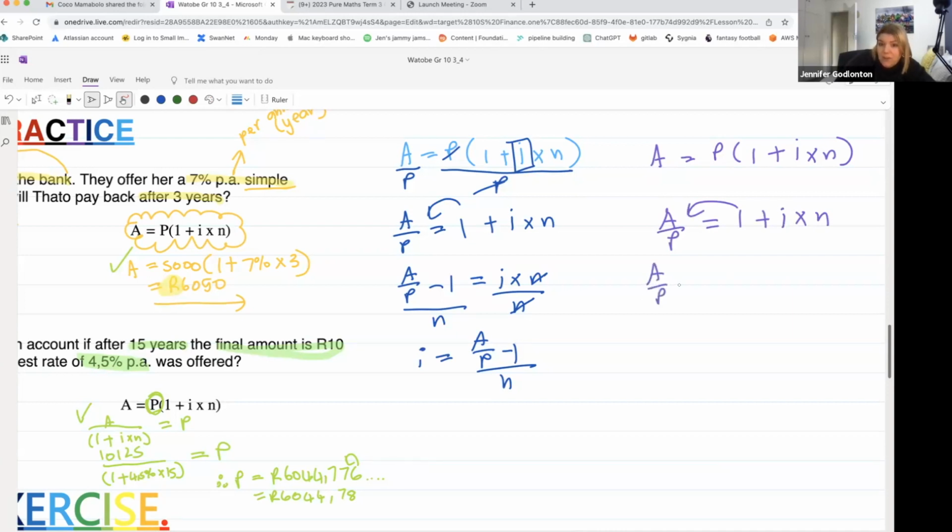So A over P minus 1 equals I times N. Now, I'm trying to get N to be alone. So instead of dividing by N, I'm just going to divide by I. So N would then be A over P minus 1 all over I.